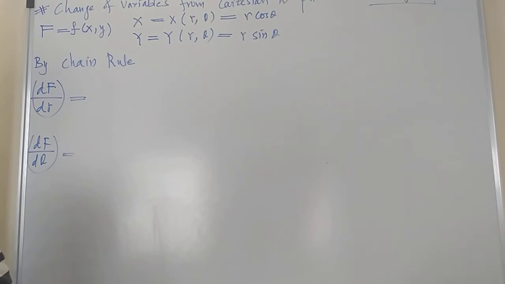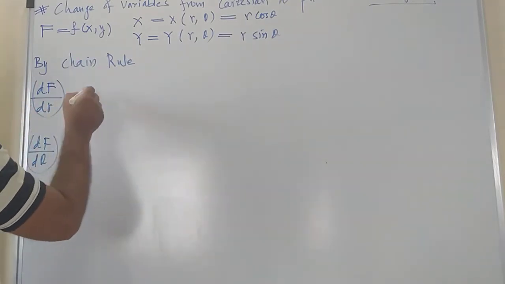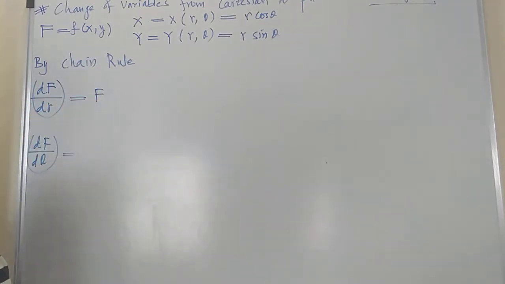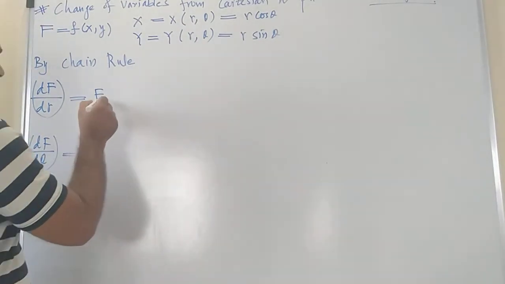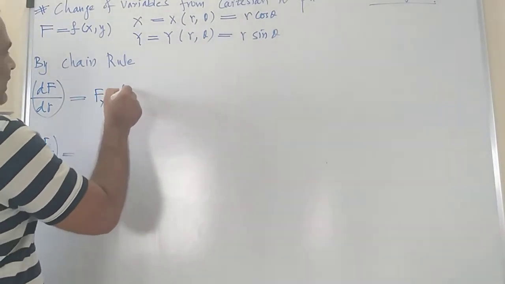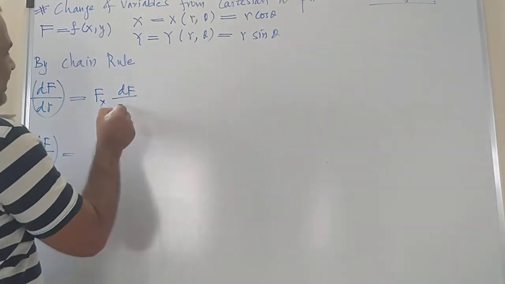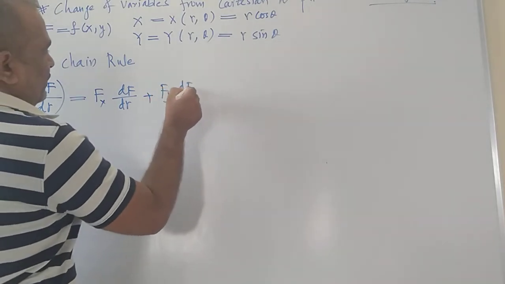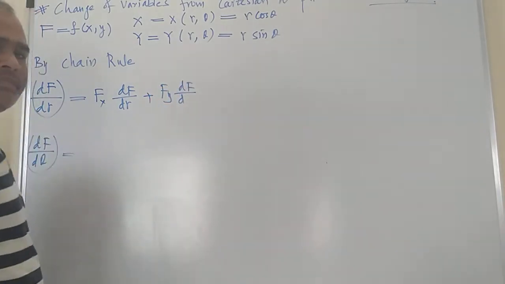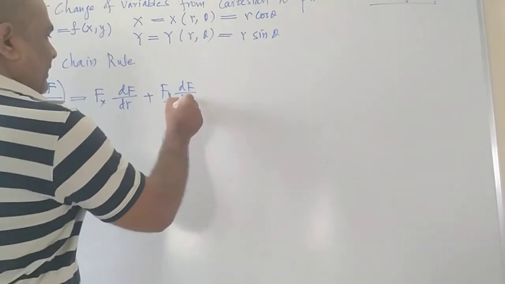And let us see how the change of variables is done or can be done from Cartesian to polar coordinate system. So by chain rule, dou f by dou r is equals to f of x into dx by dr plus f of y into dy by dr, isn't it?